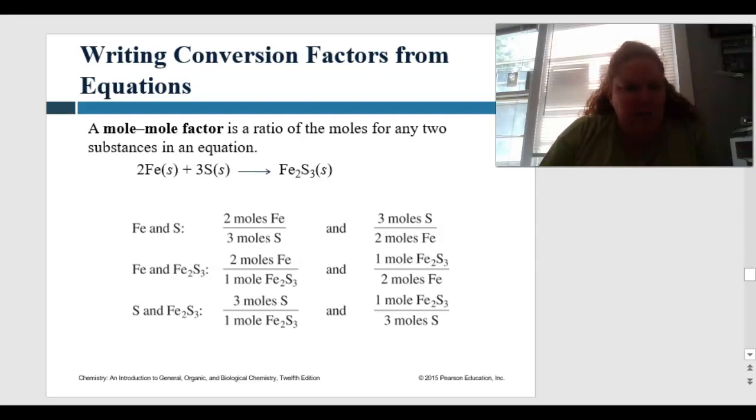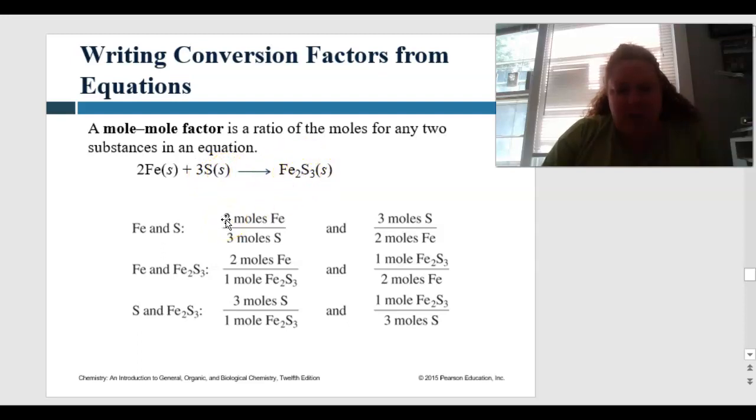Applying what we've learned in this chapter, we are going to write conversion factors from the equation. A mole-to-mole factor is a ratio of the moles for any two substances in an equation. For instance, we have 2 irons, 3 sulfurs to give us 1 Fe2S3.